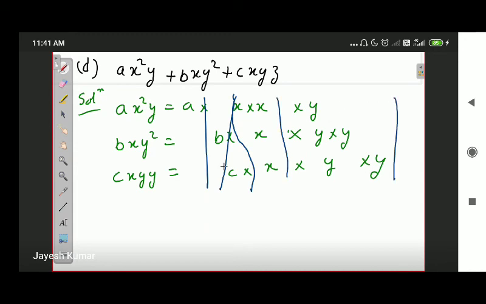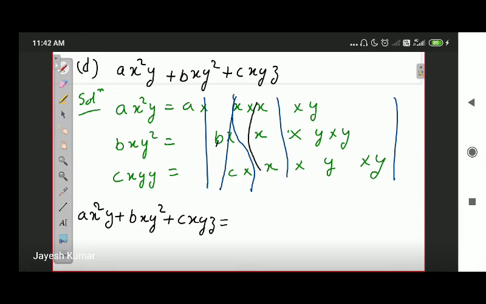Now once again taking common, a x square y plus b x y square plus c x y z will be equal to: a is not common, b is not common, c is not common.